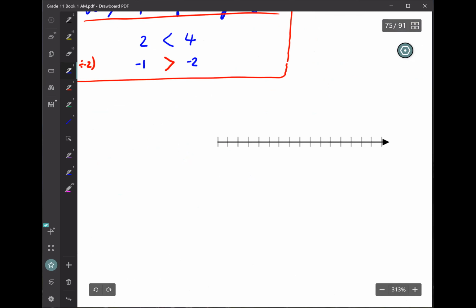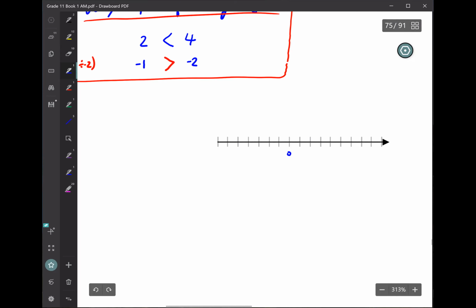So first you need to set your scale, right? So if it's just integers, you can just make each space 1, right? If there's a fraction, then you can make it more spaced out. You can say every 2 is 1, or every 3 is 1, depending on the fraction.